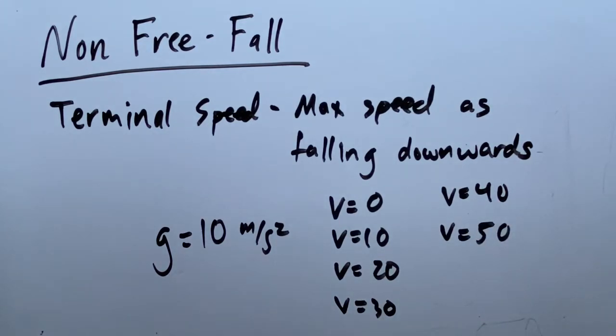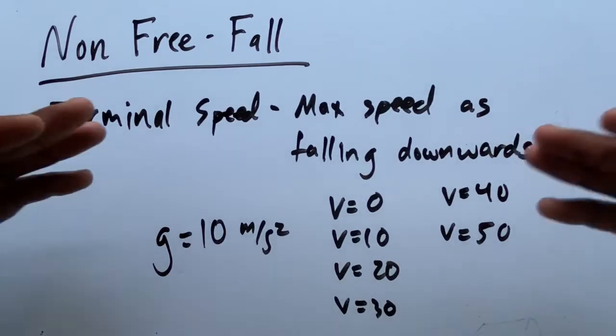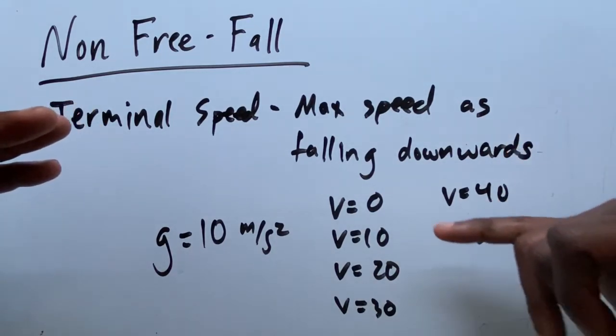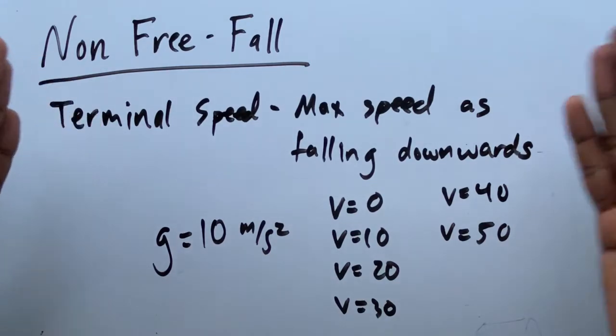But in the real natural world, your velocity actually has some limit because there is some air resistance.